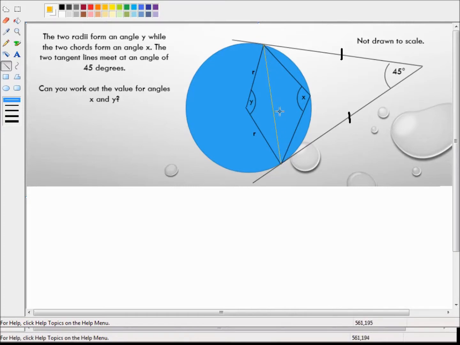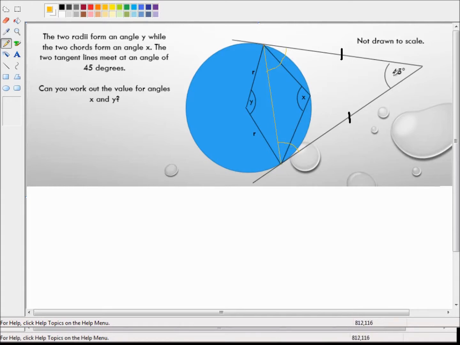And now I can say that this angle here is equal to this angle here because this is an isosceles triangle. And since this is an isosceles triangle, I can find these two angles.